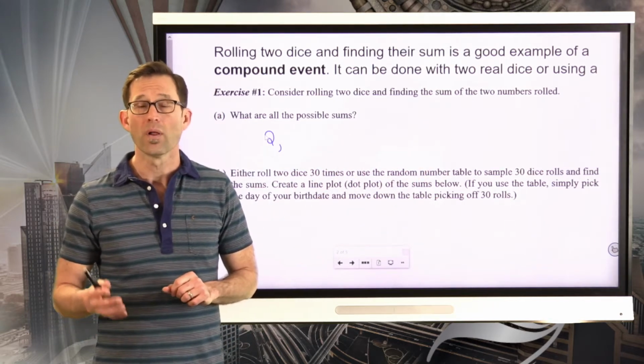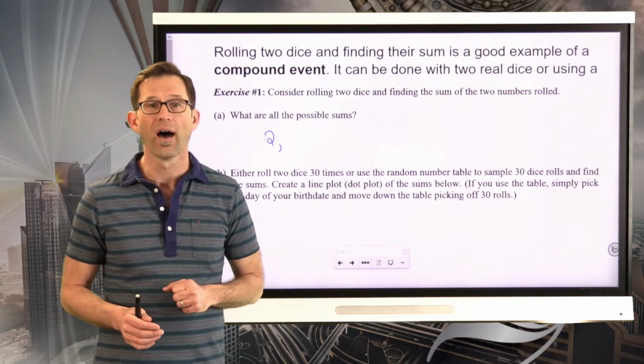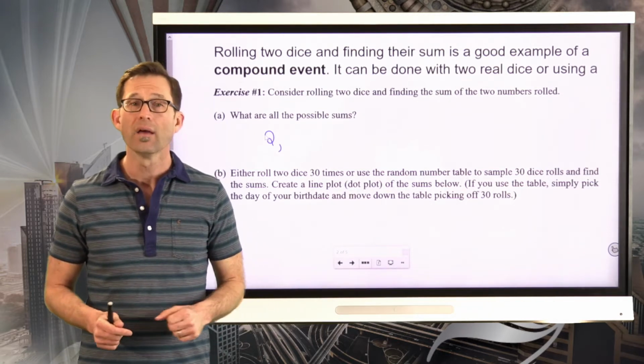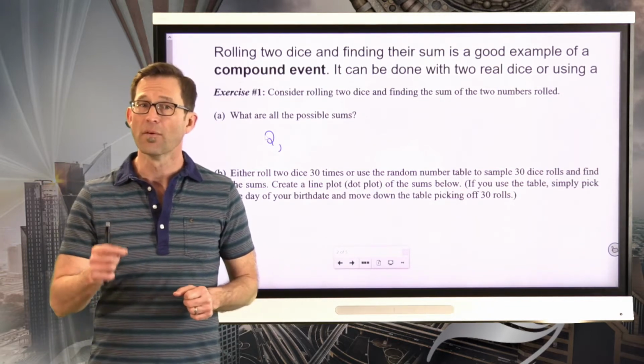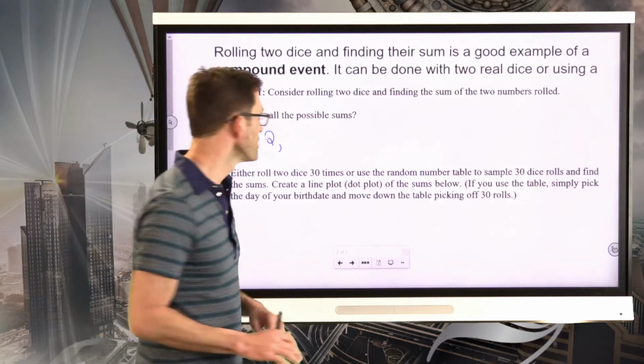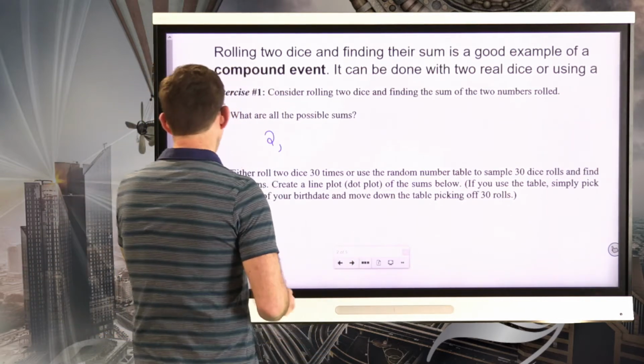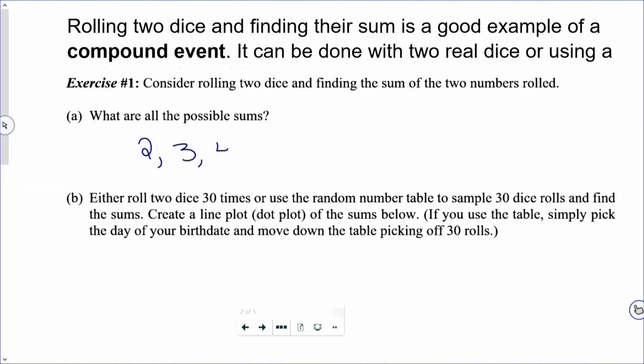And what would that be? Well, if I rolled a 6 on one die and a 6 on the other die, when I added them together, I'd get a sum of 12. So all possible sums I could get are 2, 3, 4, 5, 6, 7, 8, 9, 10, 11, and 12.